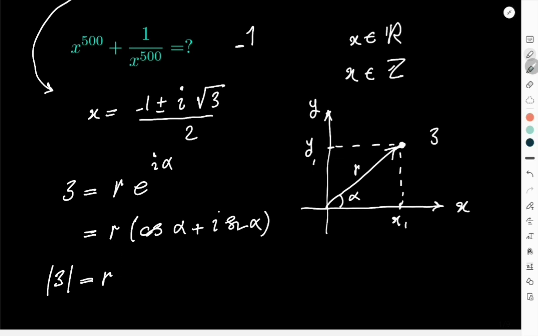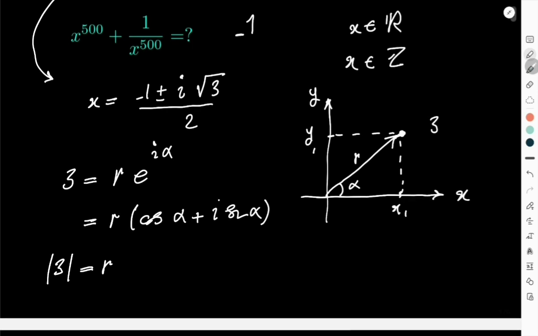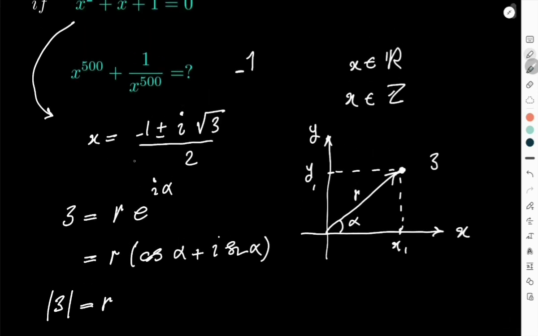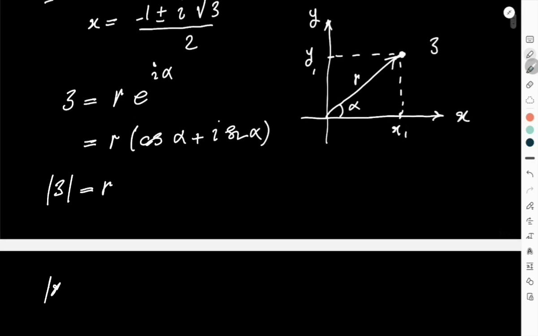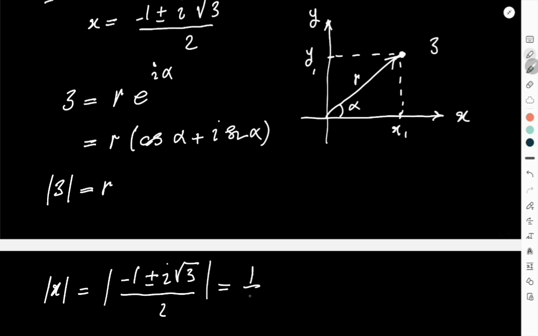So if I try to find the other form for x, which is a complex number, then I will get the absolute value of x equals the absolute value of this value, minus 1 plus minus i square root of 3, over 2. So 2 comes out of it, and then here you get square root of 1 plus 3, which is 1.